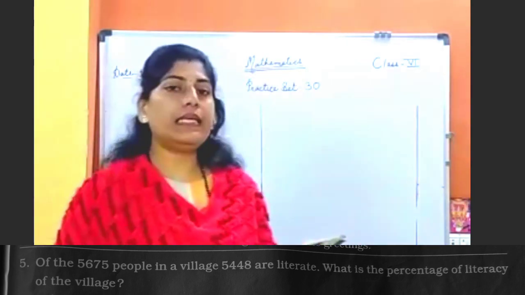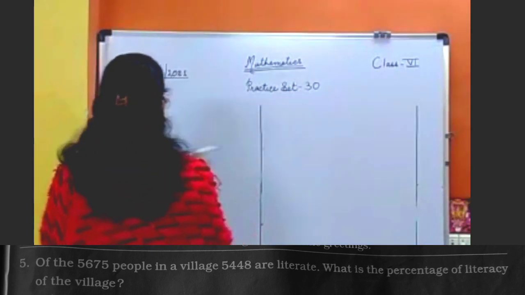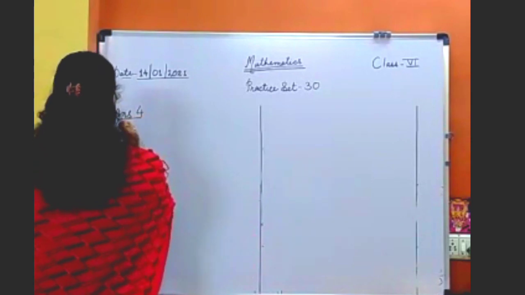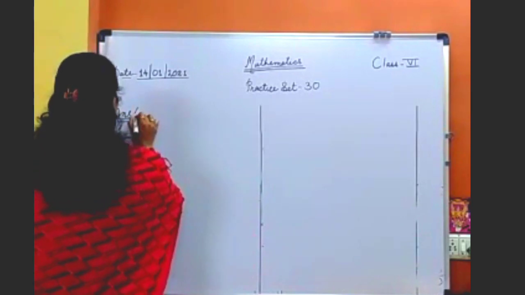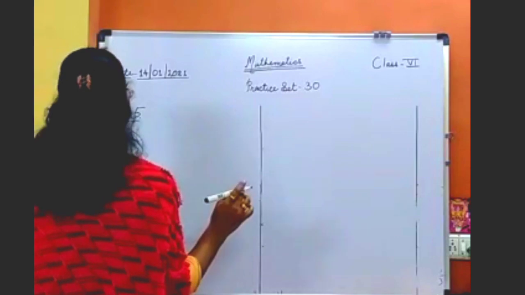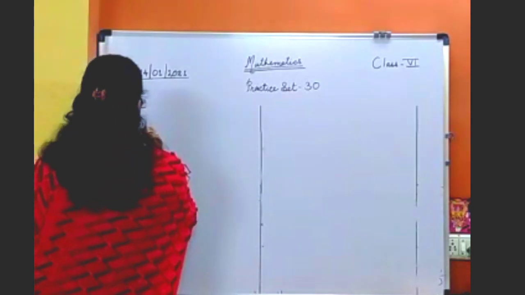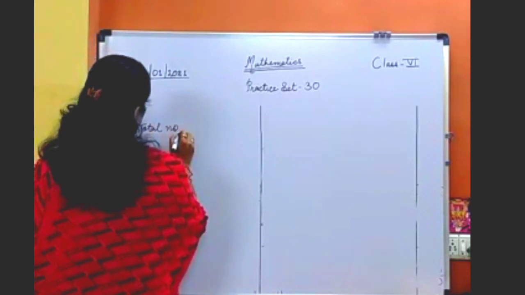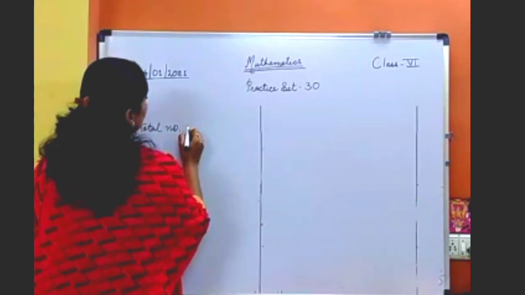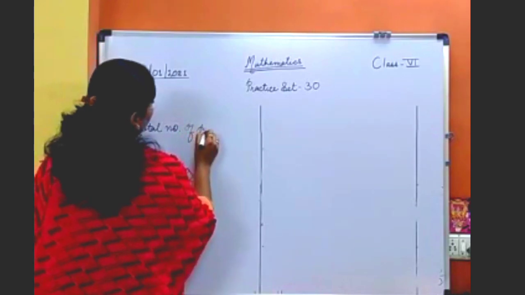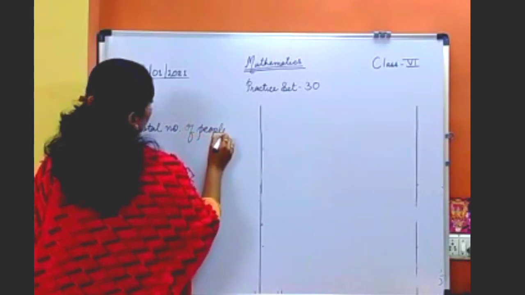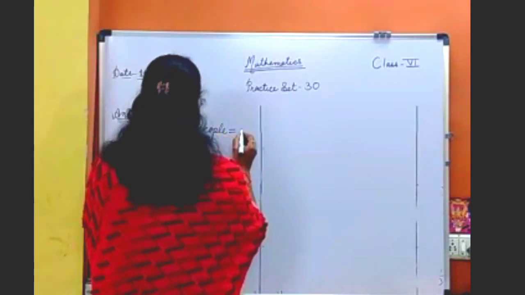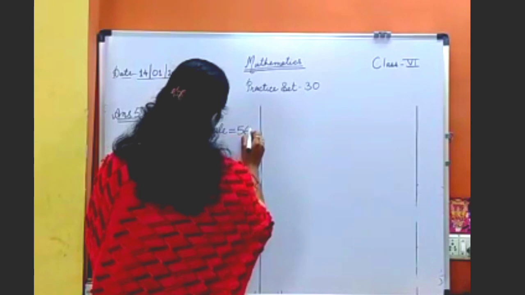48 are literate. Okay, so let us write first. Total number of people is equal to 5,675.